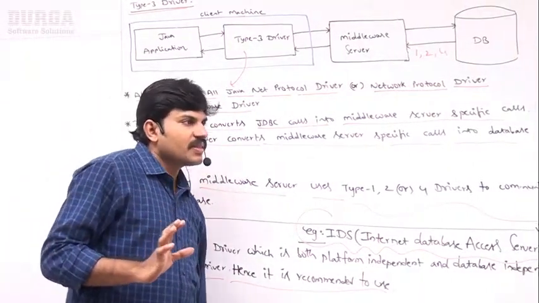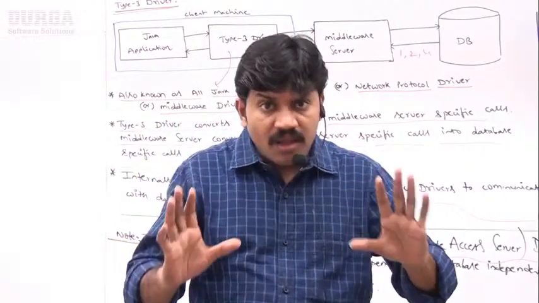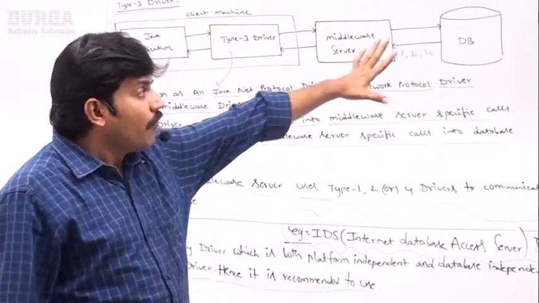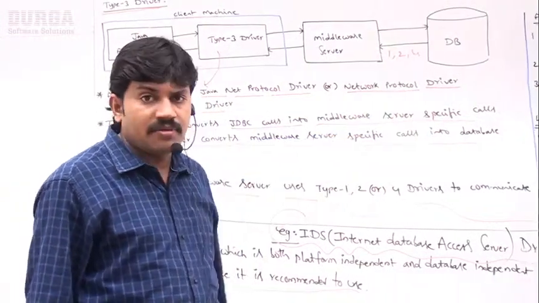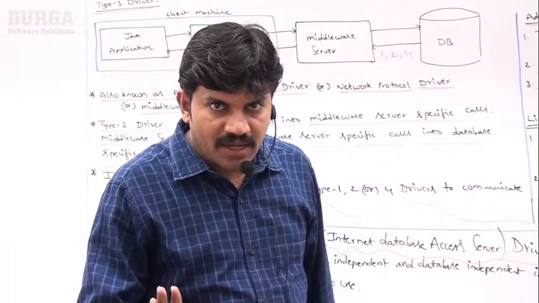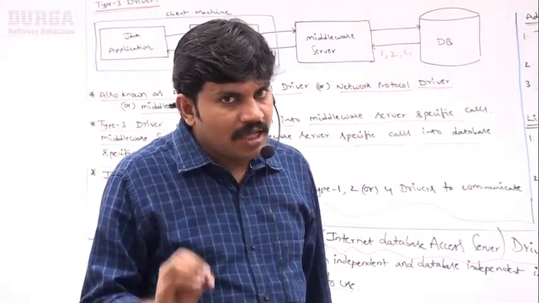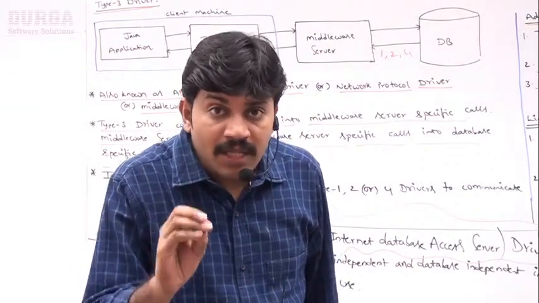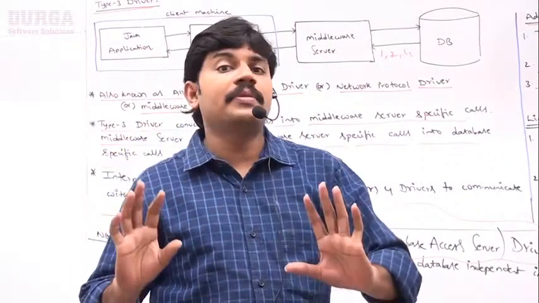That's all. This is the architecture diagram and the functionality, and after that the advantages and the disadvantages or limitations of the type 3 driver. Are you in a position to understand clearly, right? Type 1 and type 2 are worst drivers, not recommended to use. But type 3 and type 4 are recommended to use.